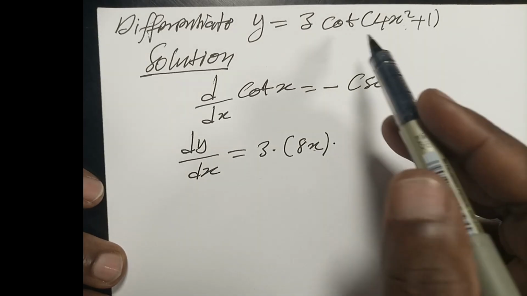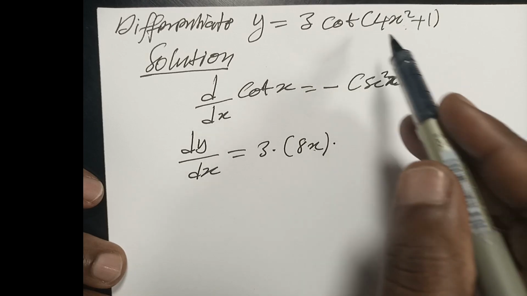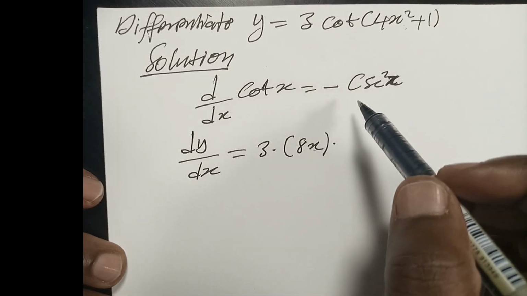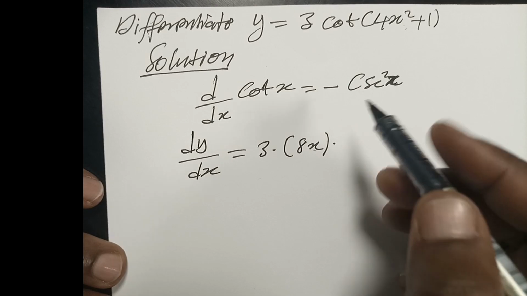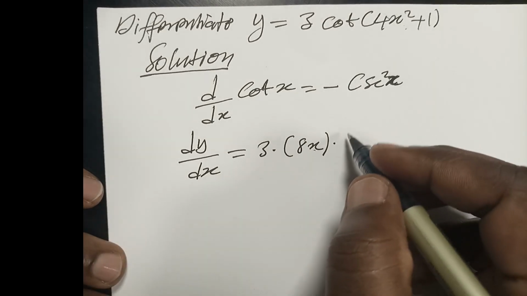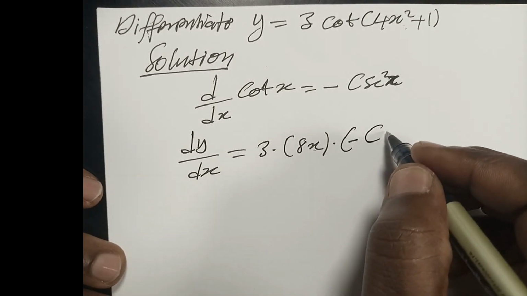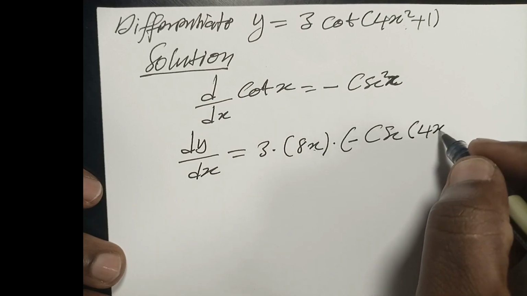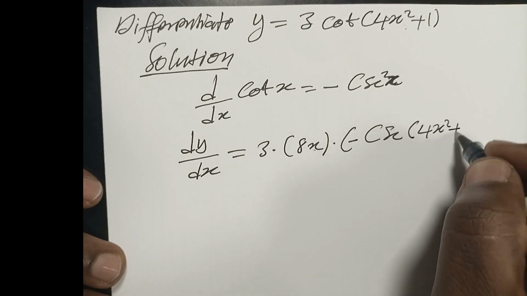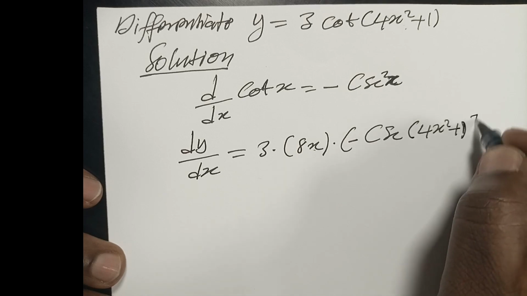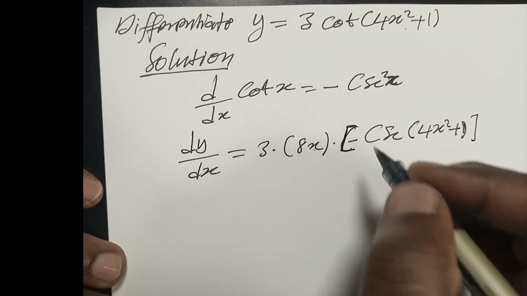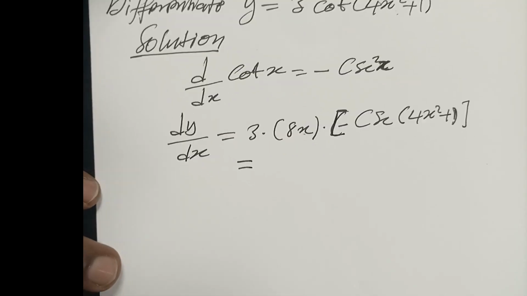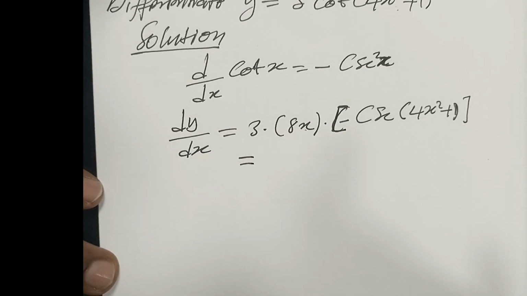Then times the derivative of cot, of cotangent, which is given by this definition. So this derivative will be given by negative cosec of what? 4x squared plus 1. So these are the brackets. Then from here now, you just need to expand and simplify.